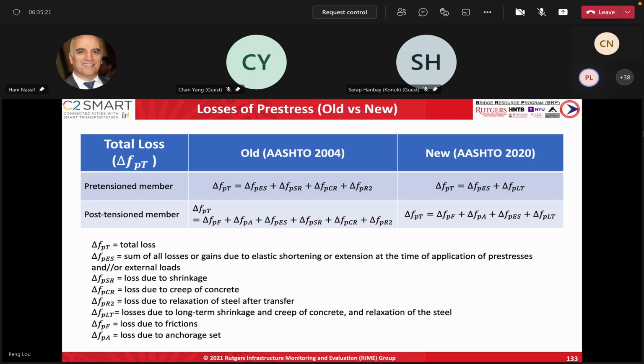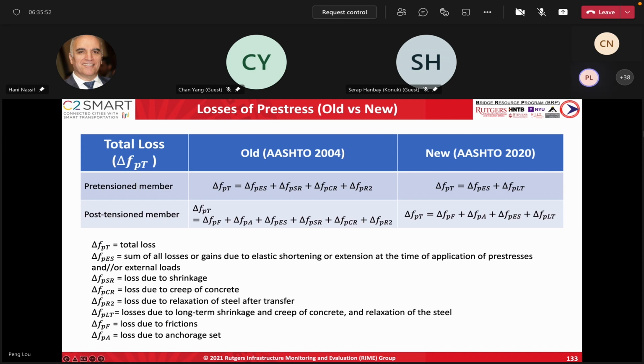So before we go into that, typically there are two types of losses. The first one is the instantaneous losses due to elastic shortening, or due to friction, due to jacking, at the anchorage set. The second type of losses is long-term losses, because of the shrinkage and the creep of concrete, and also the relaxation of the prestressing steel.